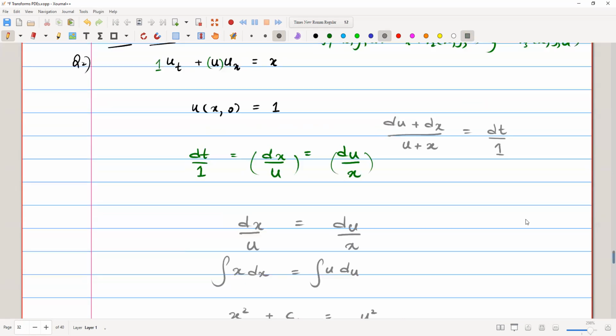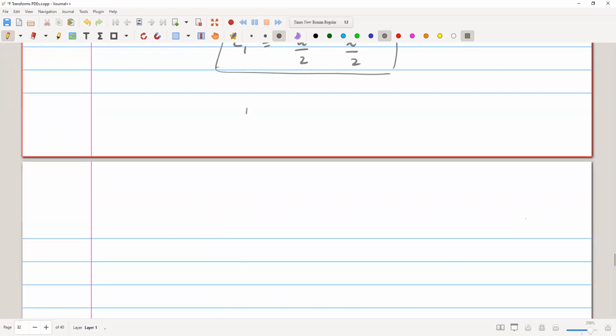So now we can write du plus dx over u plus x equals dt.